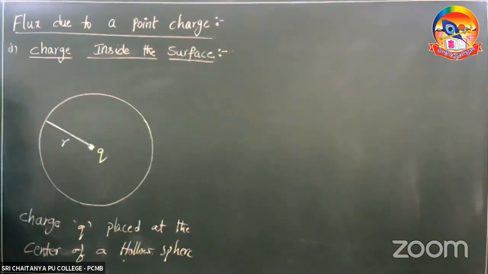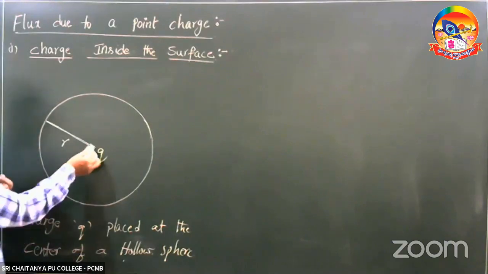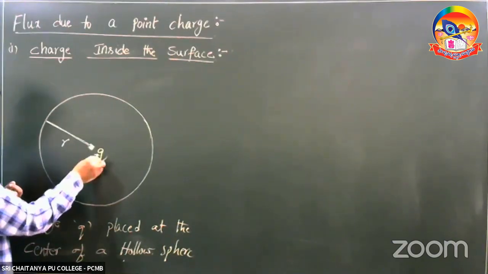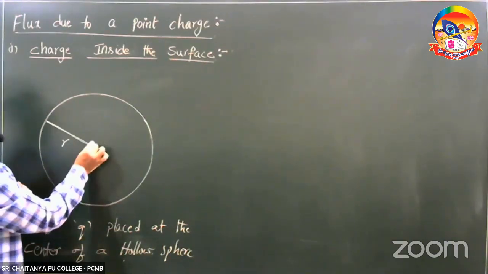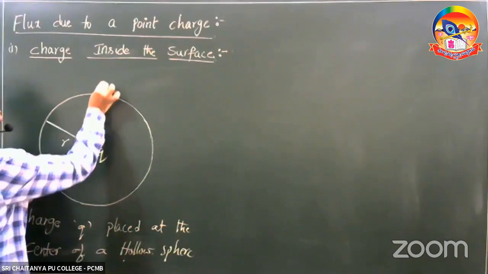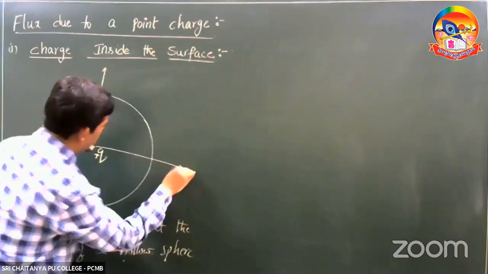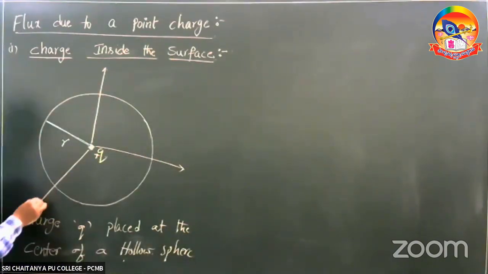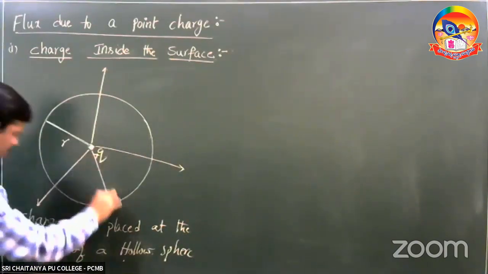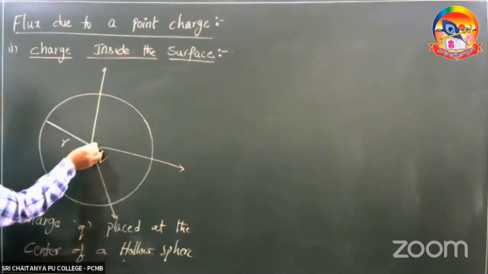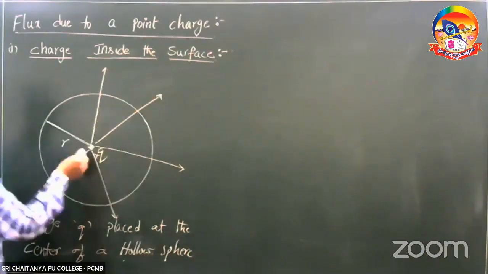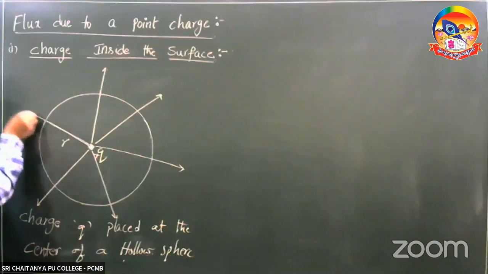Well, we know whenever it is a positive charge, the electric lines of force come like this.